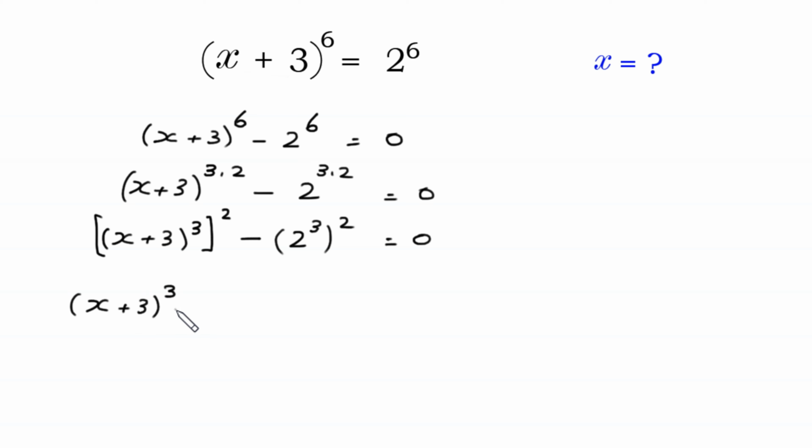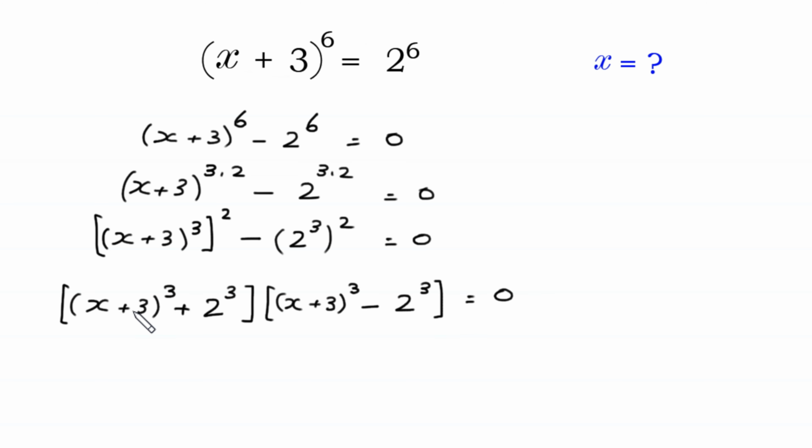((x + 3)^3 + 2^3) times ((x + 3)^3 − 2^3) is equal to 0.